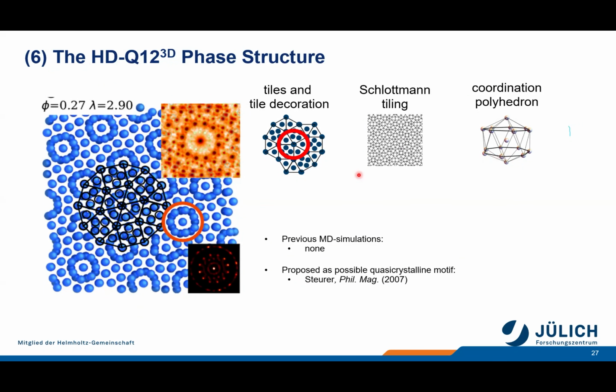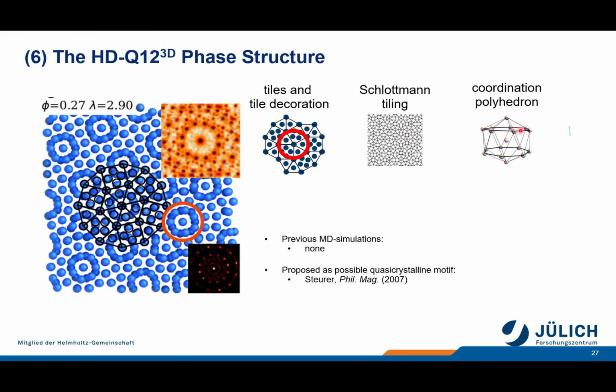This is now the high-density Q12 phase, a typical feature as well, a central particle, but now surrounded by a 7+7 staggered ring of particles. So this would be the 7 guys around the central particle in a plane. And again, here you have an upper plane with this tiling.